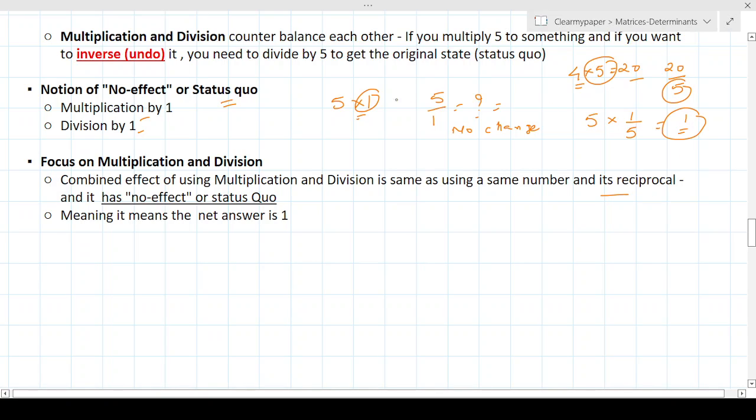And when you say 1, basically there's no change. You multiply or divide anything by 1, it does not change anything, right? So this and this kind of go together with no change. And this will play a big role in the context of matrix algebra. Although it's very rudimentary, I just wanted to bring it in so that we can apply that in the context of matrix algebra where it will be more prominent.